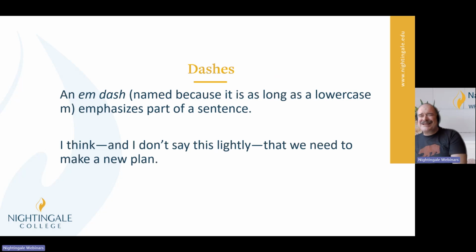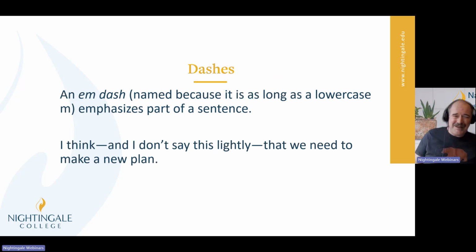And we can use this to highlight part of a sentence or emphasize part of a sentence. So this is an acceptable tool to have in your writing toolkit for APA academic writing.